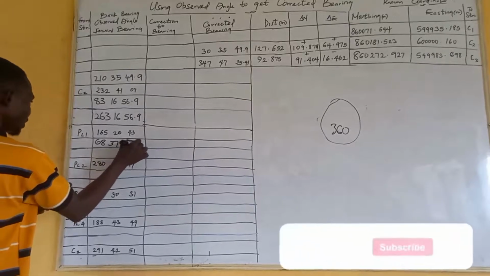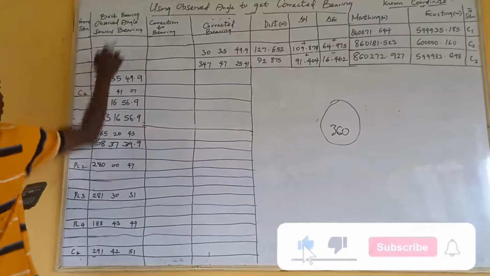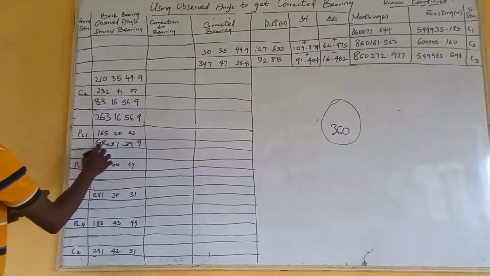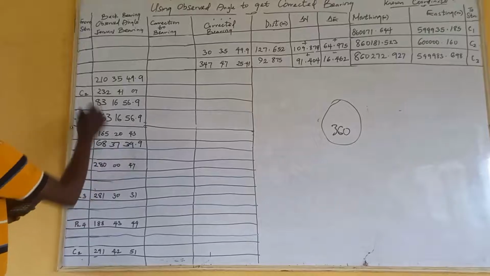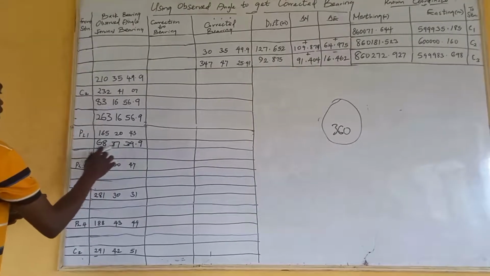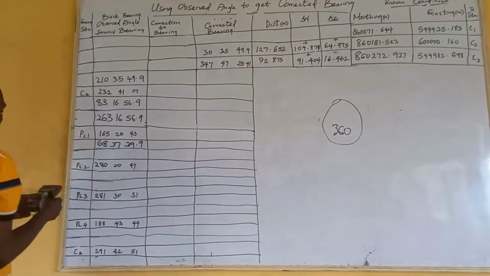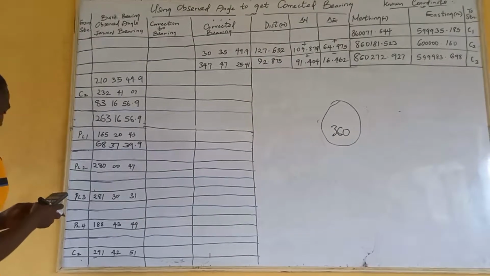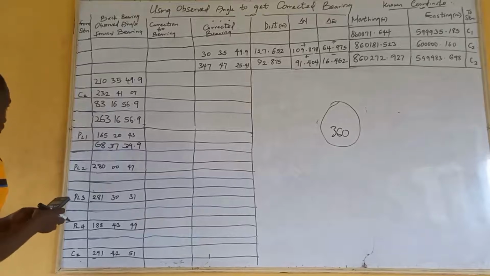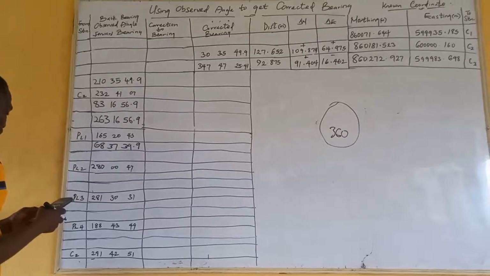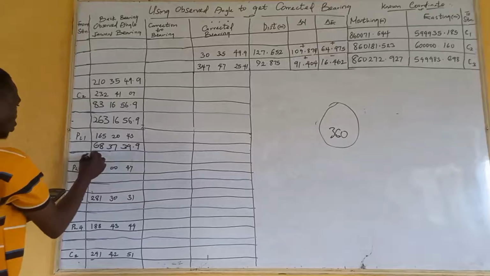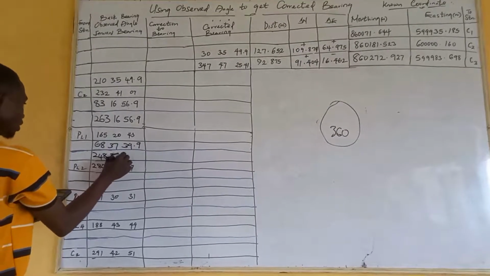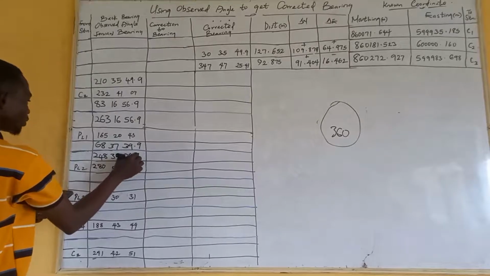Now to obtain our back bearing for the next station, we are going to add 180 to it because the value here is not up to 180. This is the forward bearing, so 180 degrees plus 68 degrees 37 minutes 39.9 seconds is going to give us 248 degrees 37 minutes 39.9 seconds.